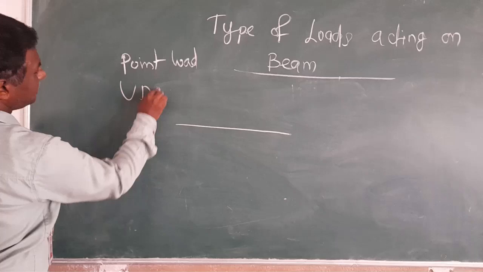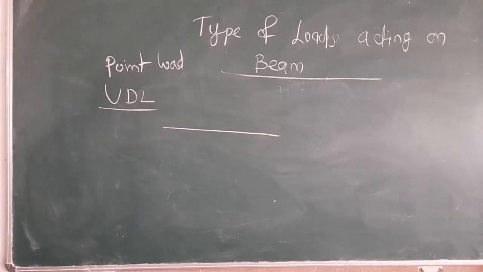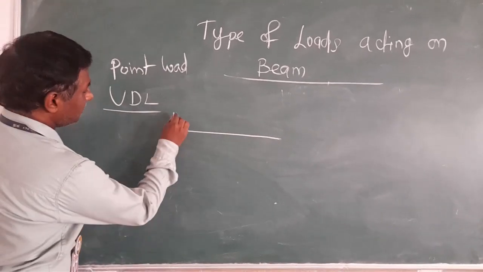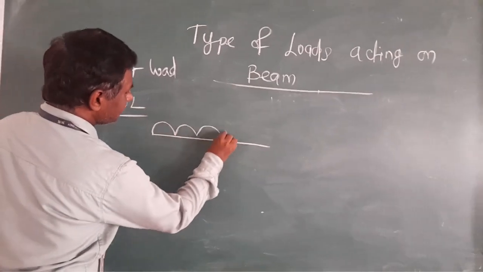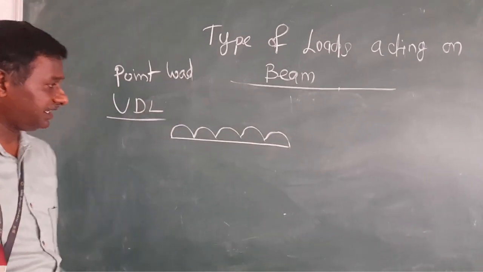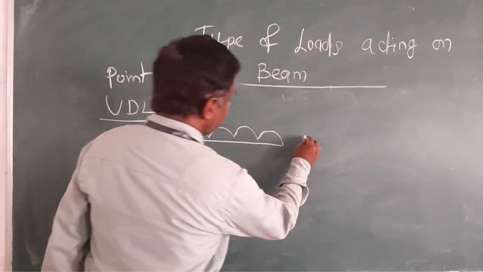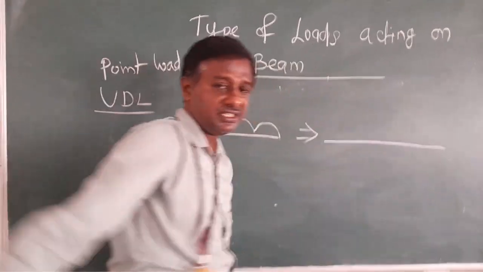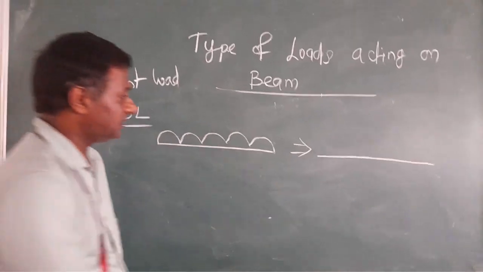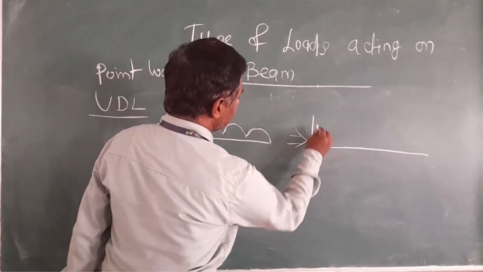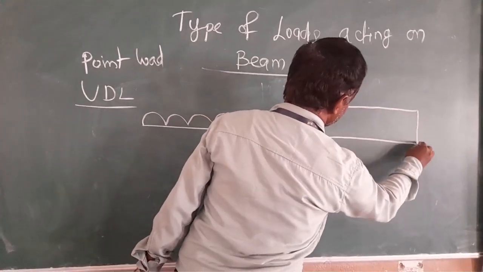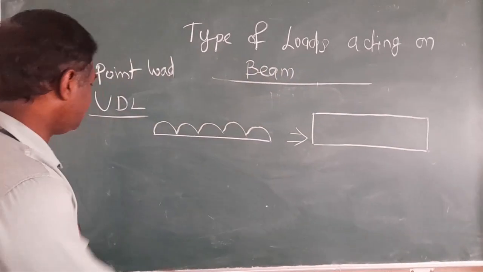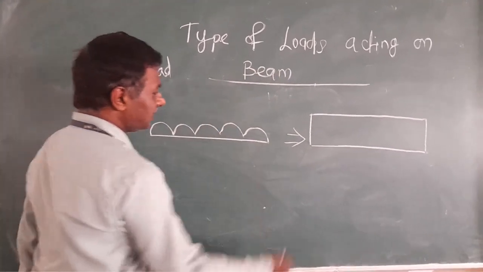Generally, we can discuss the uniformly distributed load first. The uniformly distributed load is taken like this. What is the geometry of the uniformly distributed load? The geometry is nothing but rectangular in shape, and this is the downward load.